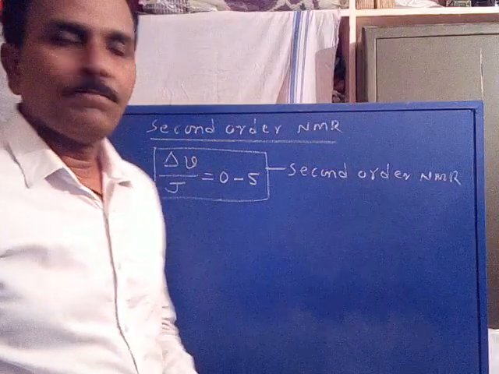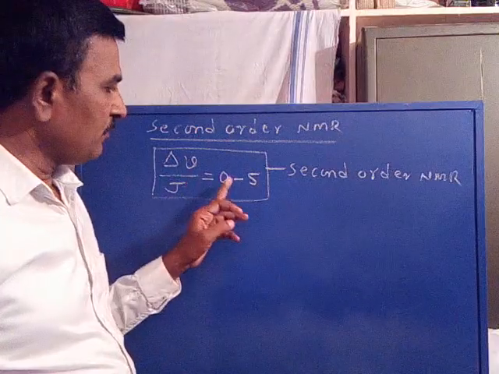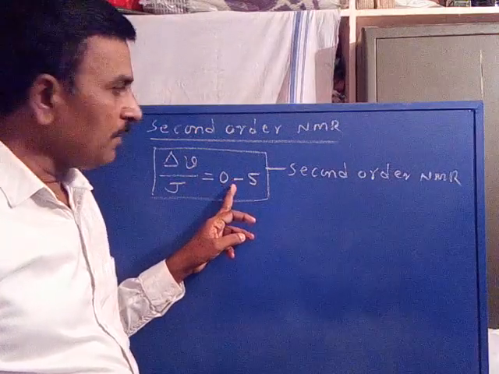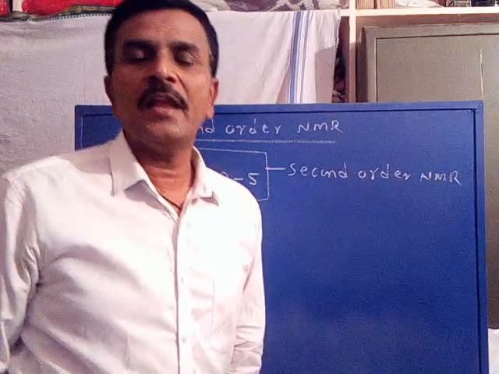Is it clear? So delta nu divided by J for any molecule, if the value is in between 0 to 5, then the spectrum of those molecules is called second order NMR.